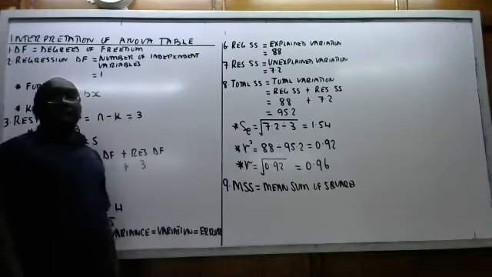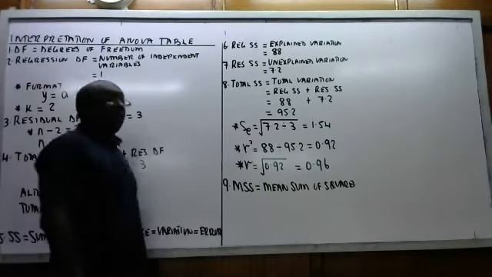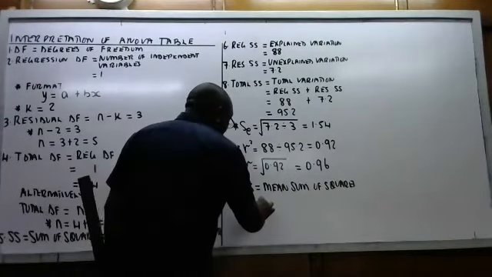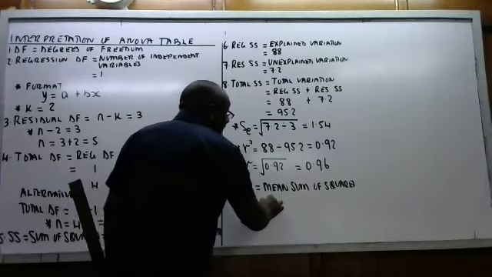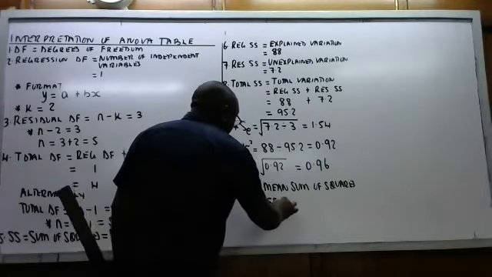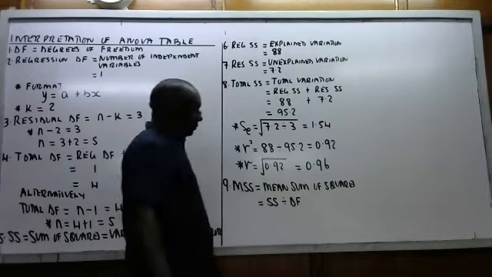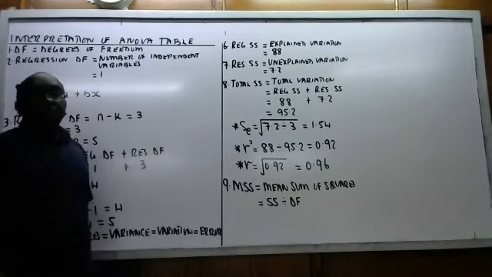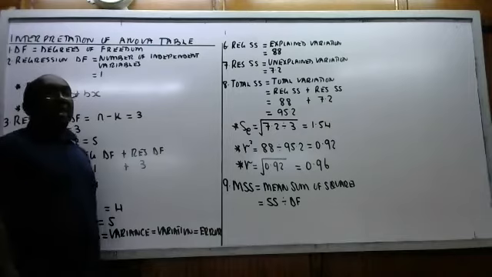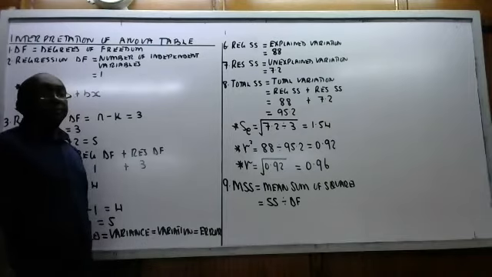And this mean sum of squares is given as SS, you divide by DF.